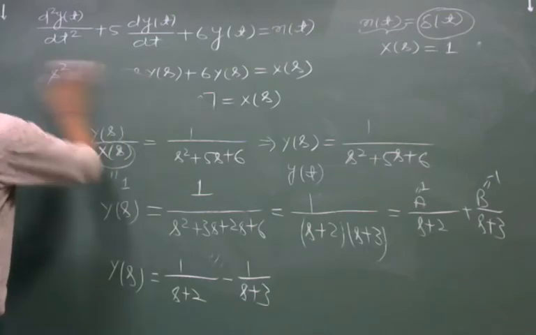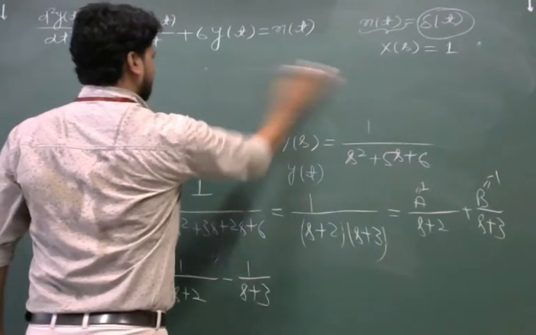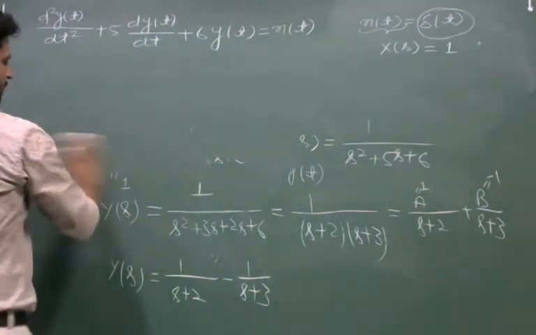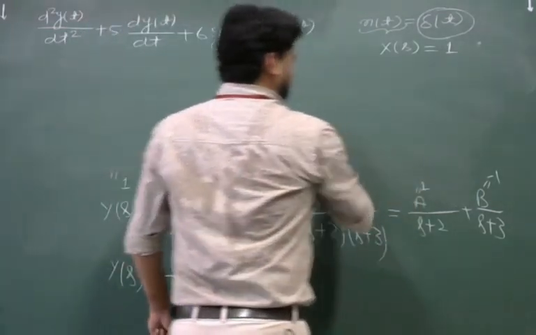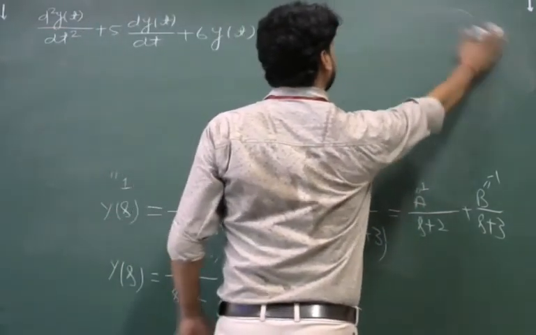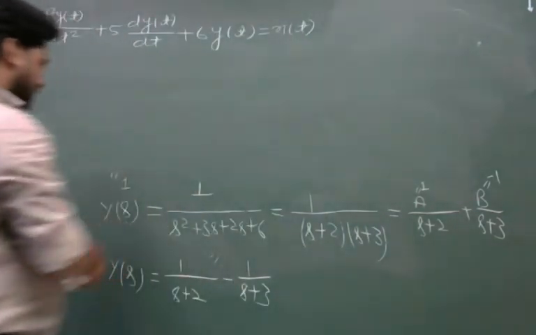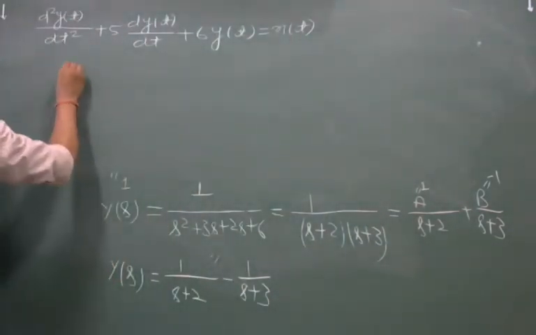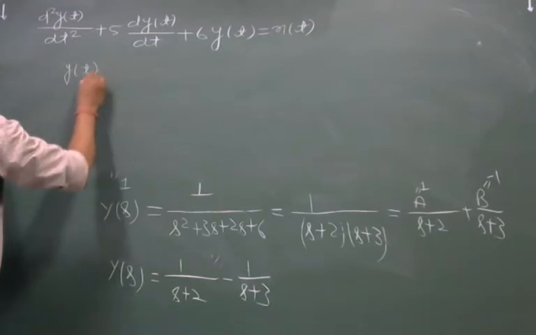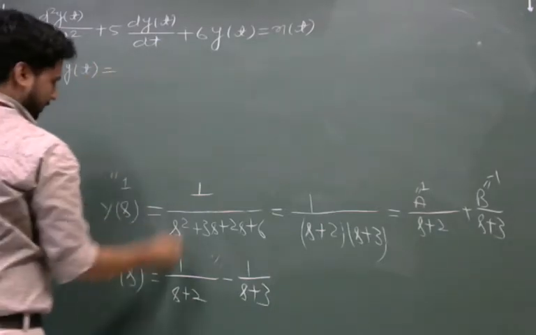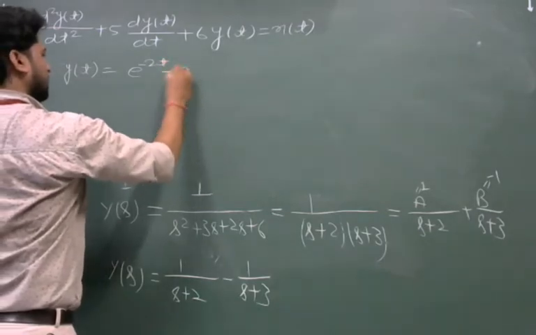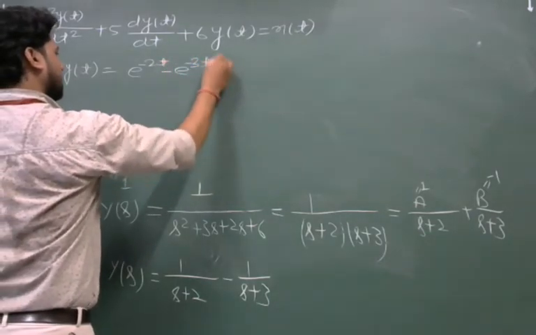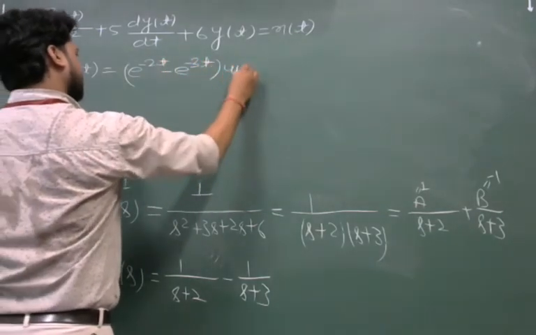From here we can take the inverse Laplace transform of both sides. After taking the inverse Laplace transform, y(t) will be equal to (e^(-2t) - e^(-3t)) u(t).